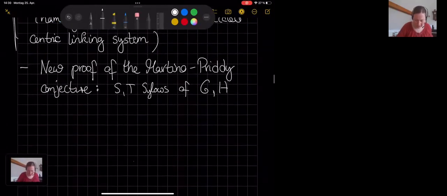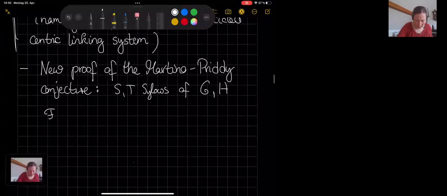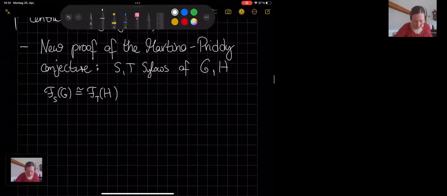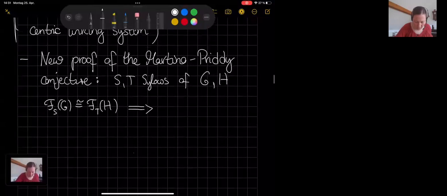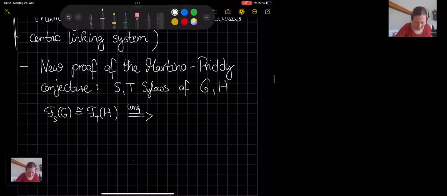So let me just write this down. If you have two groups, G and H, with Sylows S and T, then the direction I'm interested in is that if Fs of G is isomorphic to Ft of H, I want to argue that the p-completed classifying spaces are the same. And now the uniqueness part in Chermak's theorem says that there's a unique centric linking system.